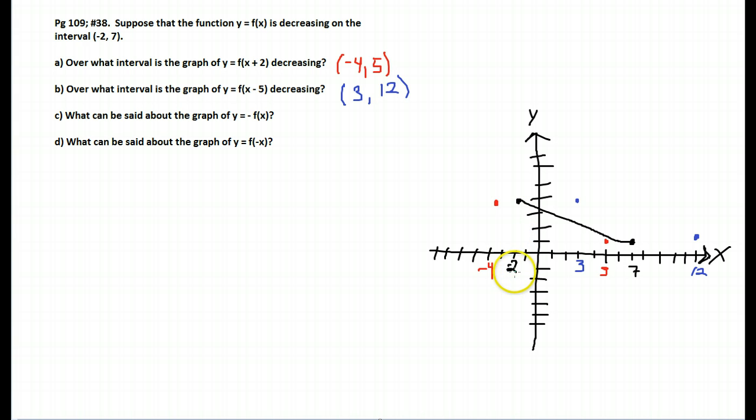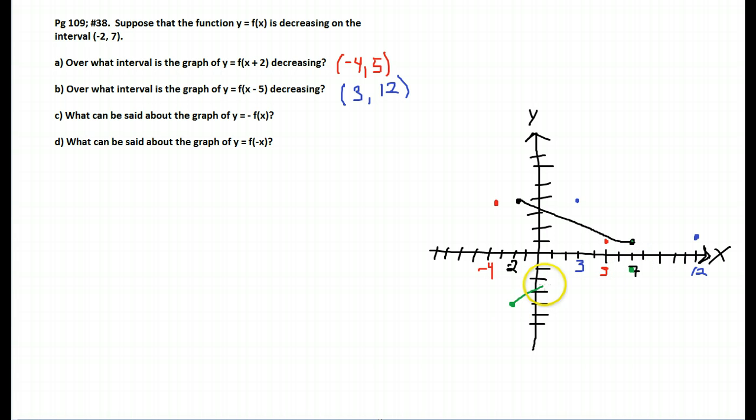This would be still at -2 for the x-coordinate, but it would be down at -4 here. Now this point here, this point here is 7, 1. If I were to change the sign of its y-coordinate, it would be 7, -1.